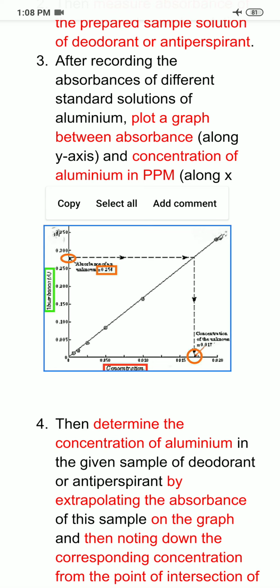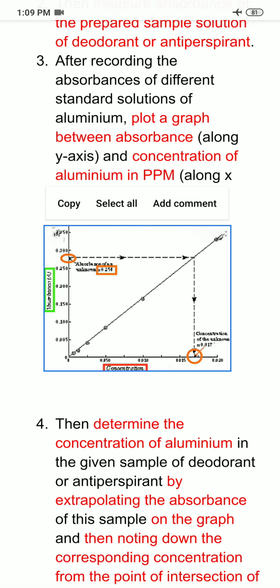And then how will we determine the concentration of aluminium in the sample? As I told you, we earlier recorded the absorbance of the deodorant or antiperspirant. Now we will mark that absorbance on the y-axis.